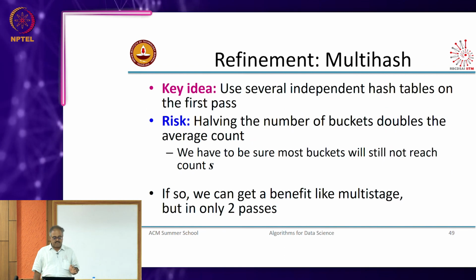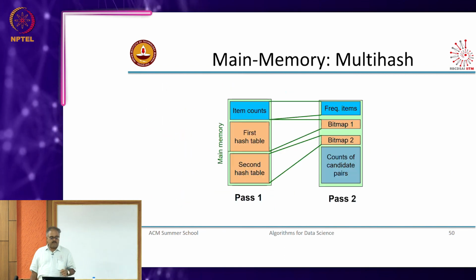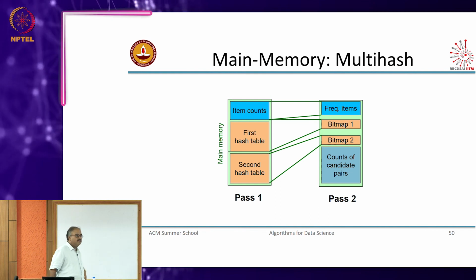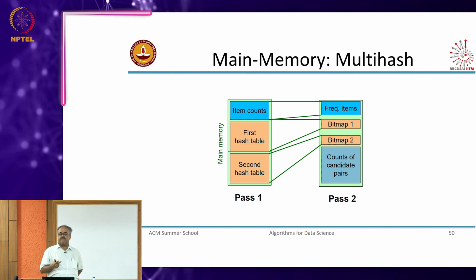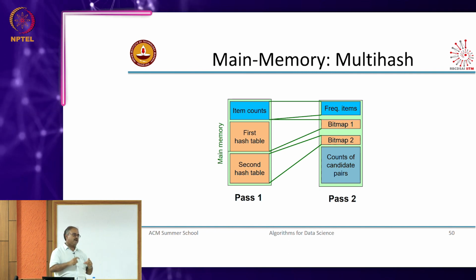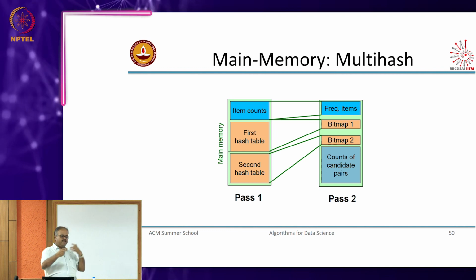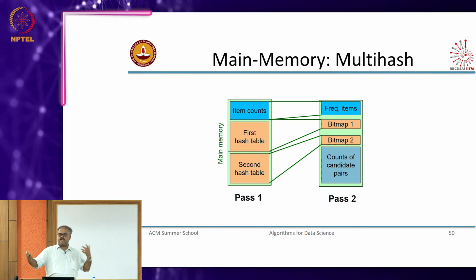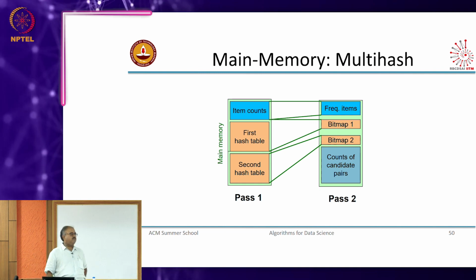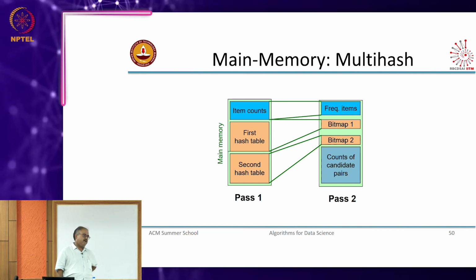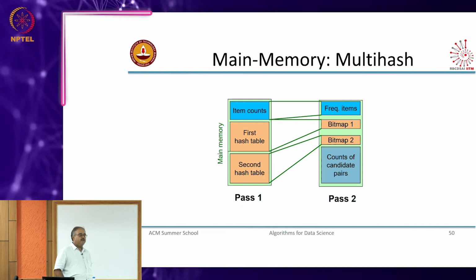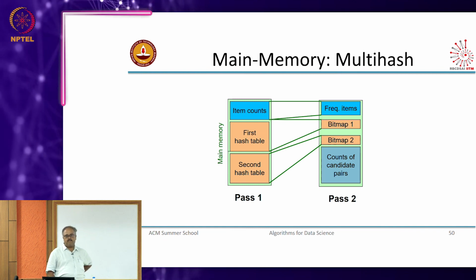We can. So what we do is the following. When we do the first item count itself, we use two different hash functions. We have two different sets of buckets, and these are two independent hash functions, therefore the collisions would be different. Therefore unless you hash to a frequent bucket under both hashes, you do not count the pair.